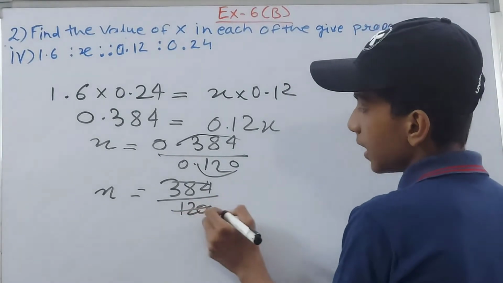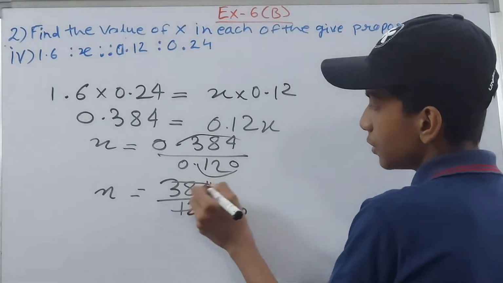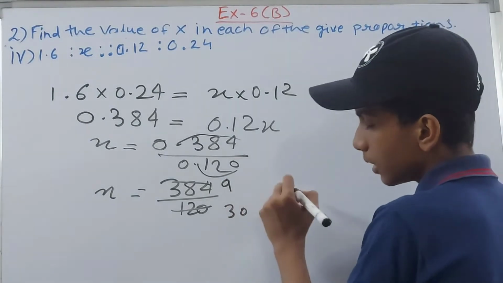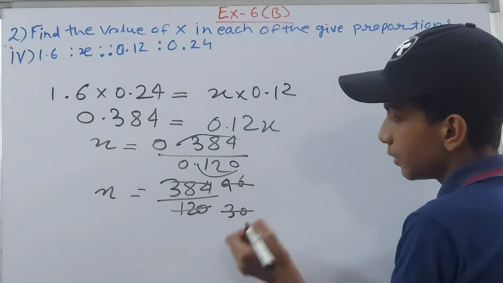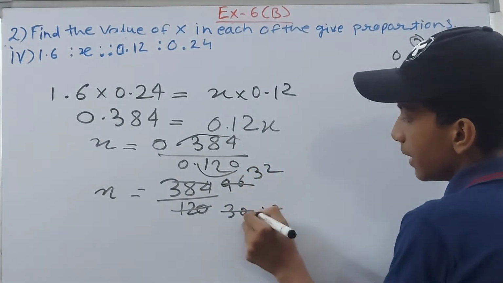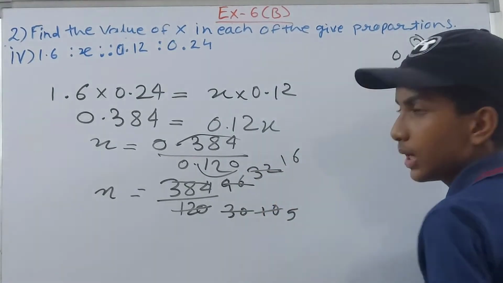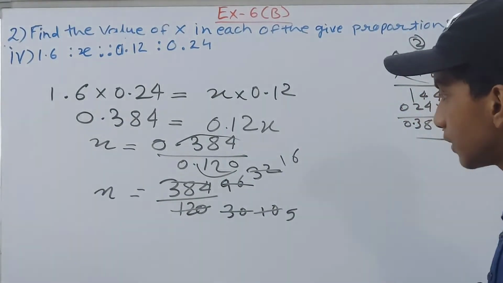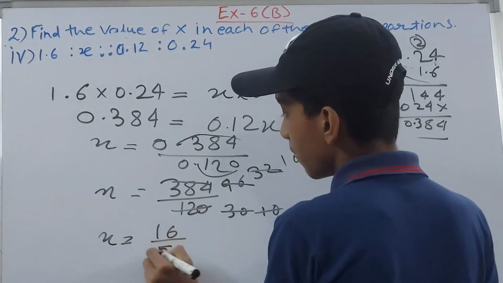So this will be 30 here, and this one will be 96. Now by 3, so 10 and 32. Now by 2, so 5 and 16. Now we cannot simplify this, so we will convert this into a fraction. So x is equal to 16 upon 5.